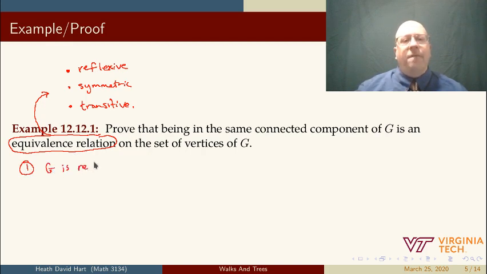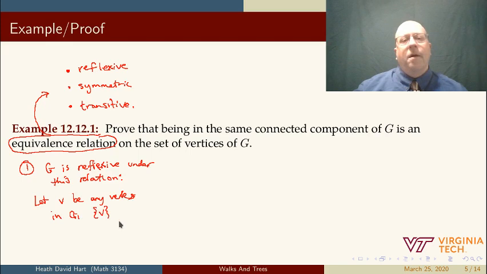G is reflexive under this relation, because if V is any vertex in G, this sequence is a walk of length 0 from V to itself.